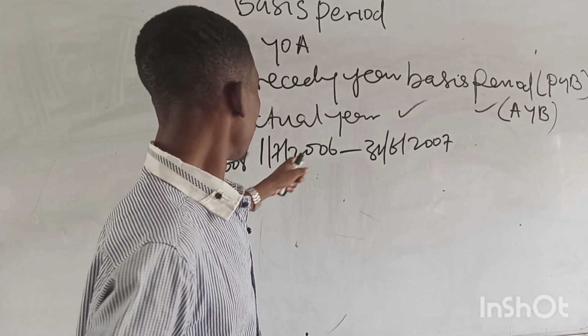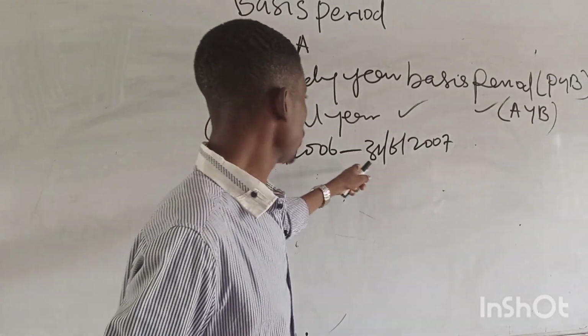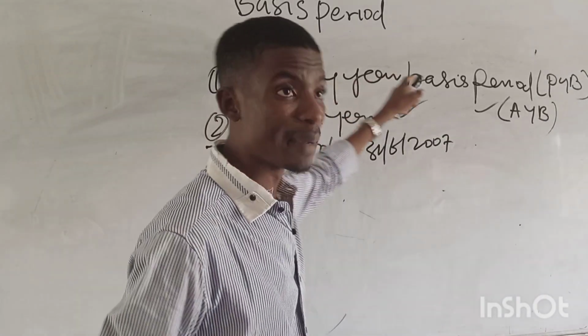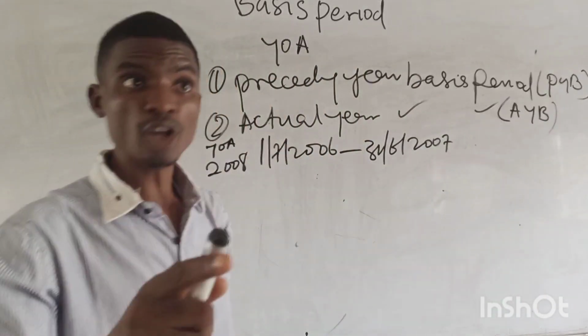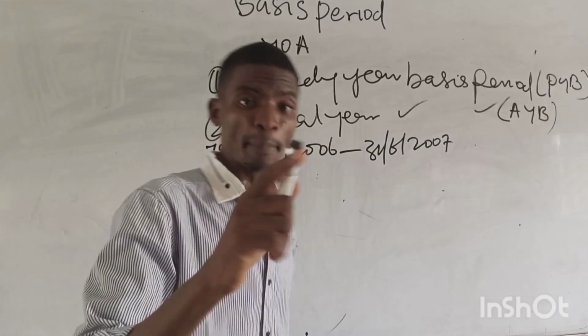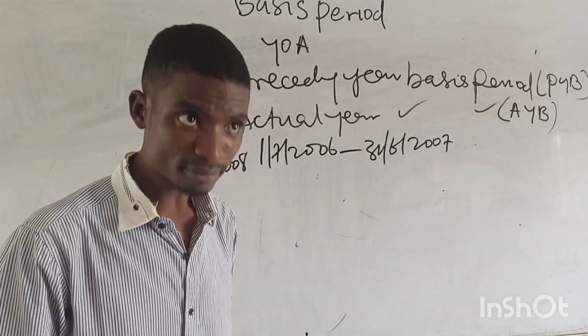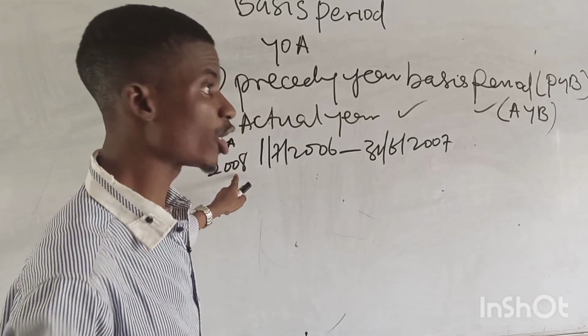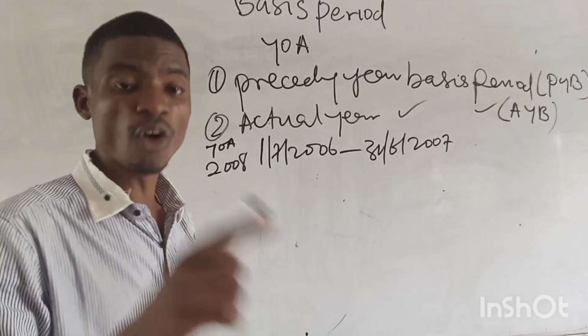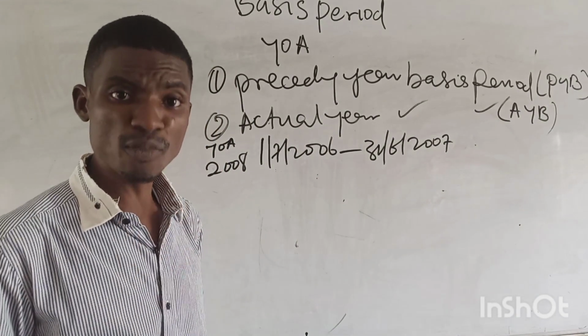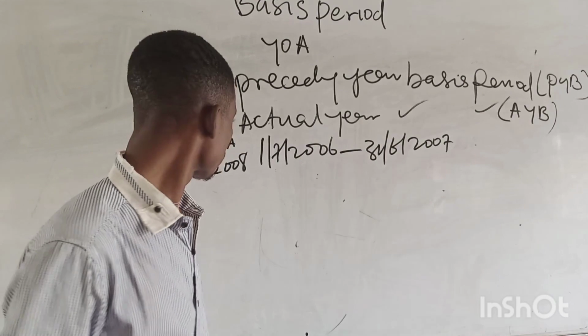So for you to have a correct basis period under preceding year basis period, the basis period must have ended before the beginning of the government tax year, because the year of assessment runs based on the government tax year, or what is called the government fiscal year.